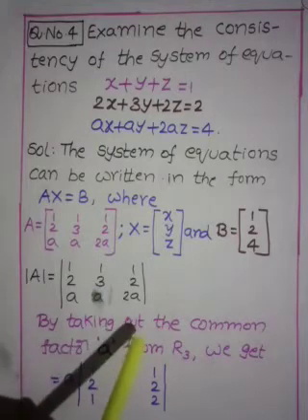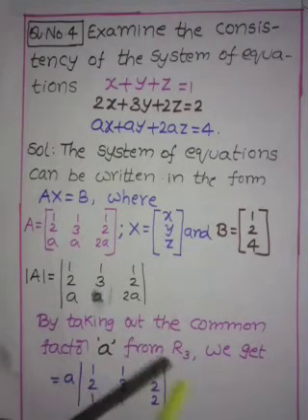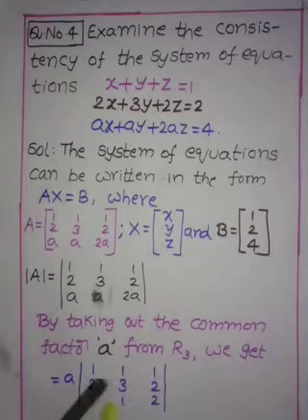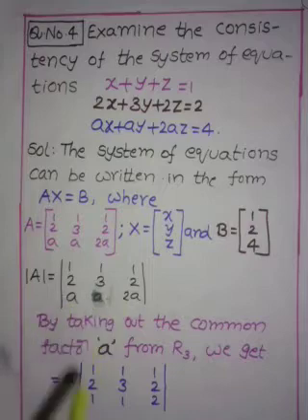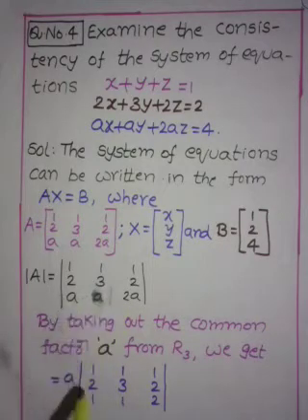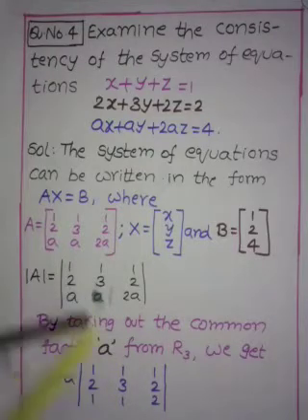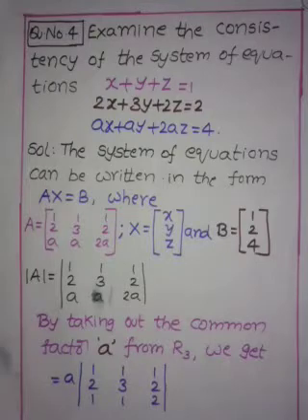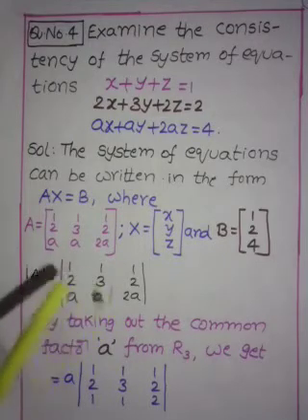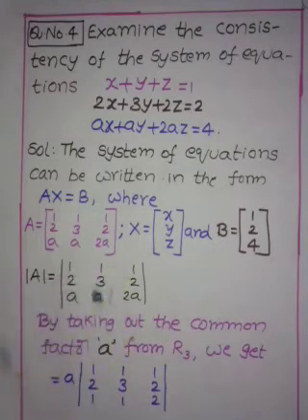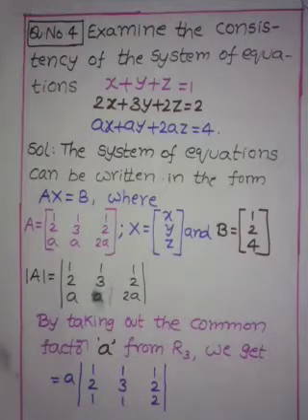By taking the common factor a from R3, we get a into det [1, 1, 1; 2, 3, 2; 1, 1, 2]. In the third row, taking a common, we get 1, 1, 2. Understood this step, my dear children? I just applied the properties of determinants here. Otherwise, we can expand this determinant directly along any row or column. No problem.